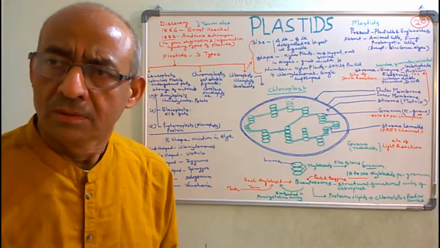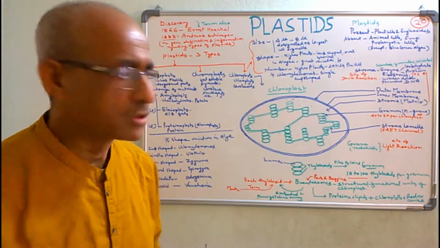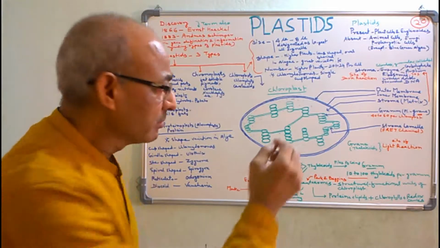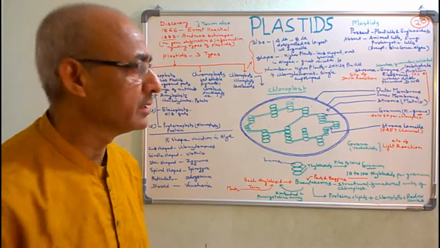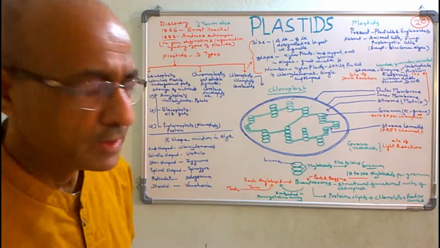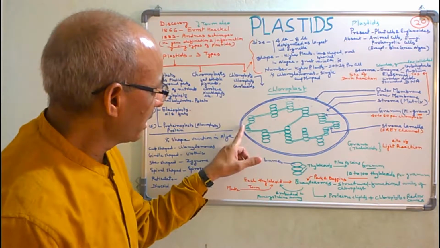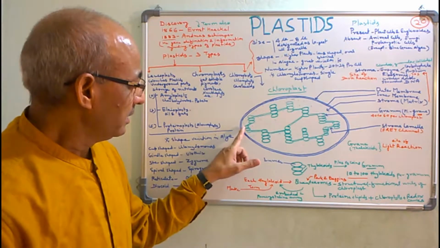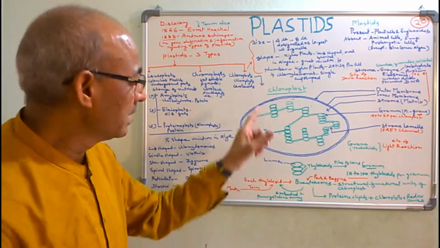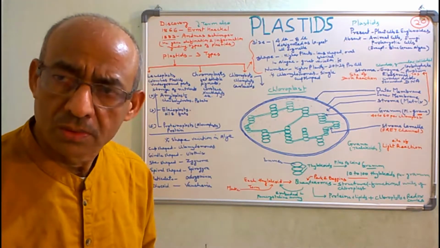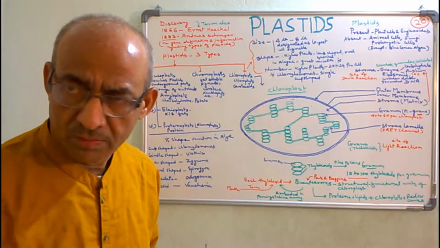Outer layer is called the outer membrane, and the innermost layer or membrane is called the inner membrane. This inner membrane, listen attentively, is less permeable than the outer membrane, and it is also selectively permeable.